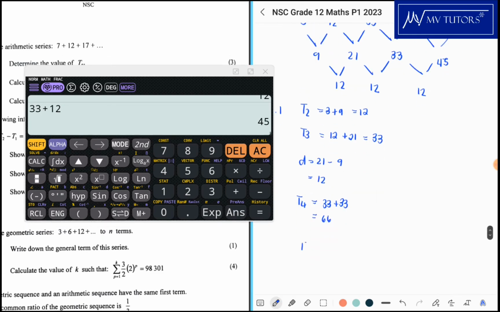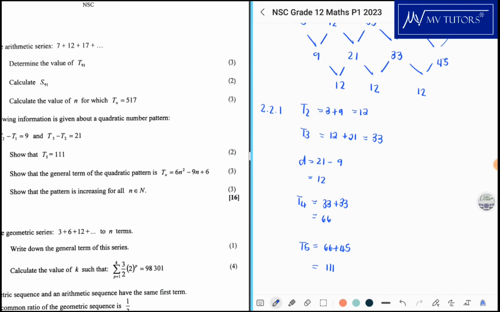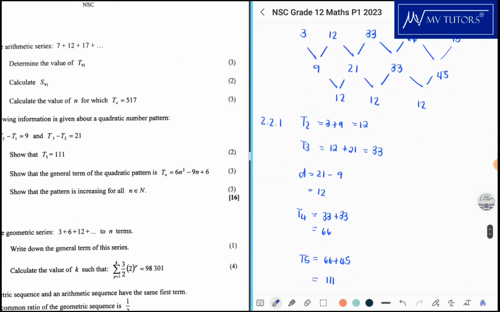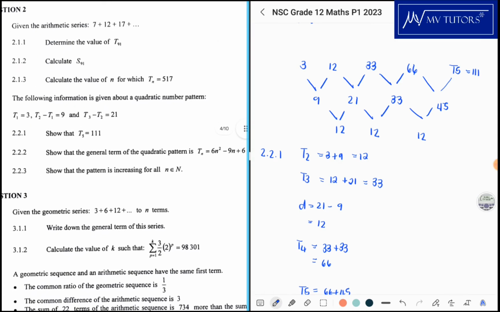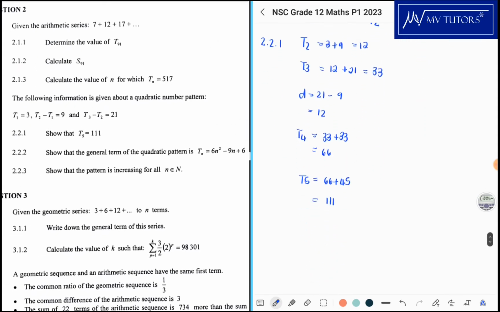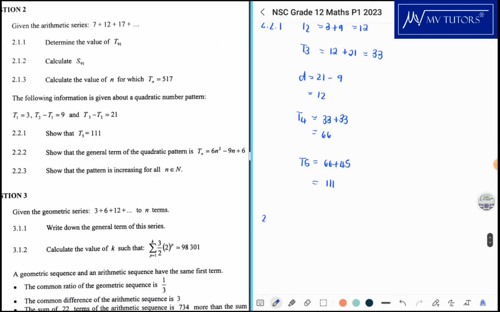Okay, term 5. It's going to be 66 plus 45. So 45 plus 66, that is 111. And we have shown, slowly but surely, that term 5 is indeed 111 for 2 marks. So that's the nice thing about speeding up in question 1, so that when you get to such questions where you are going to spend a bit of time, you have some extra time to do such.